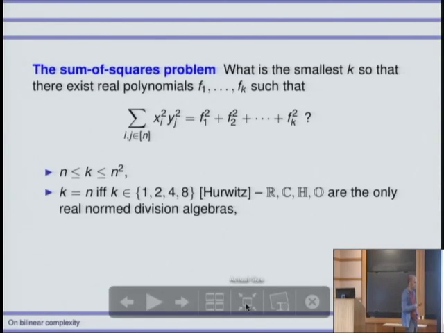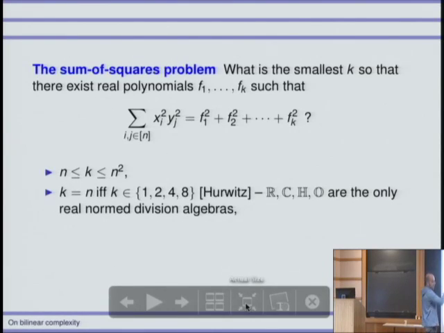Why is n a lower bound? Well, you're asking about this part. So imagine what happens if you substitute just 1 for every y. Then you are basically trying to write the sum of xi squares as a sum of squares of f1 through fk.